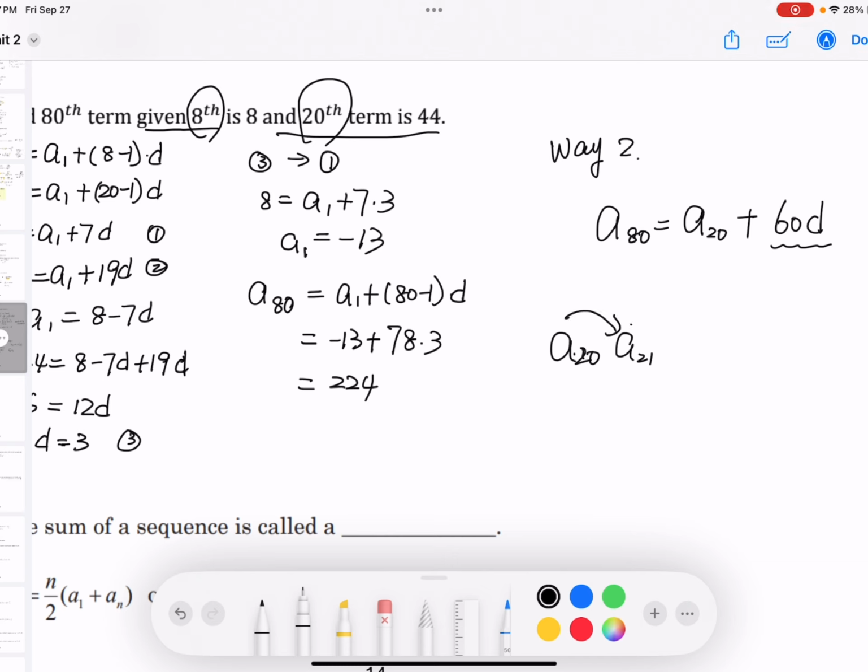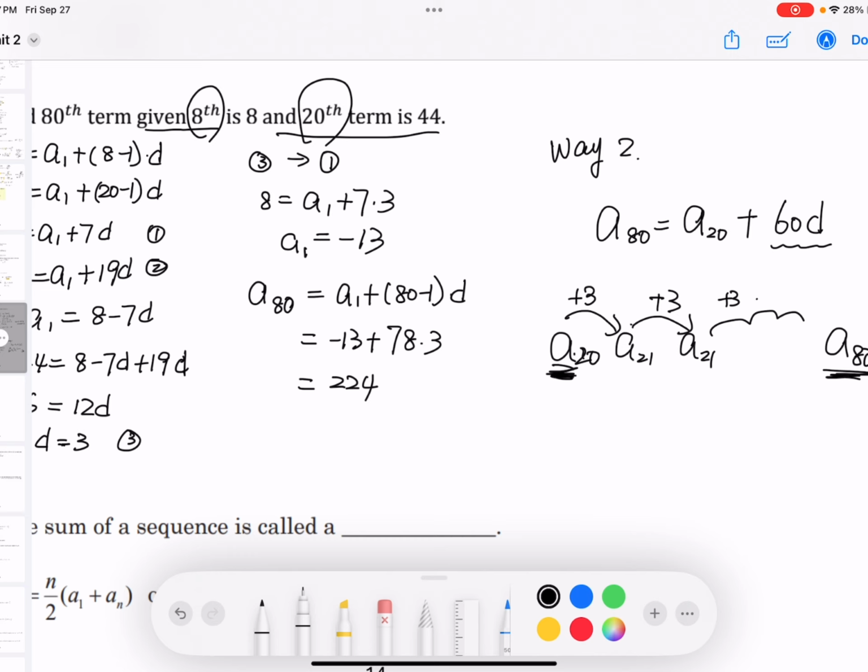What is the d? Plus 3. And then for 21, you plus 3. And then continue to plus 3, plus 3. How many plus 3 have you added? 60. Because the difference between 20 and 80 is 60 terms. That means I need to plus 60 terms, so I need to plus 60 times the d.